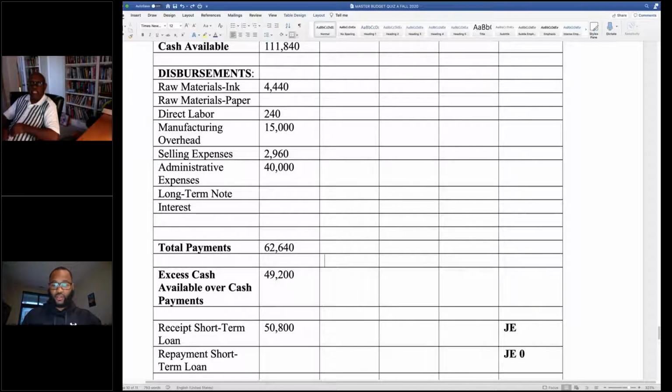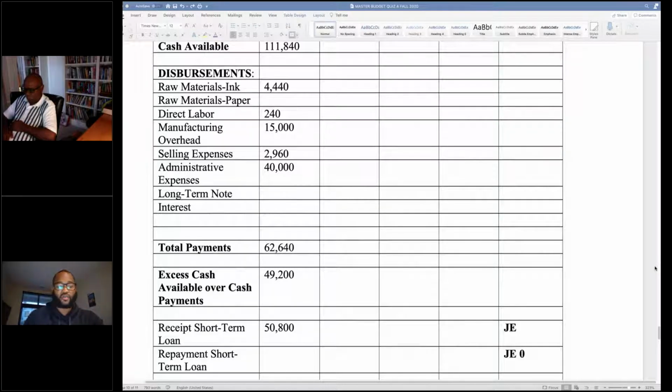Anybody had excess cash yet? Give me one second. So the receipt of the long term is how much? Says short term. Hold on.